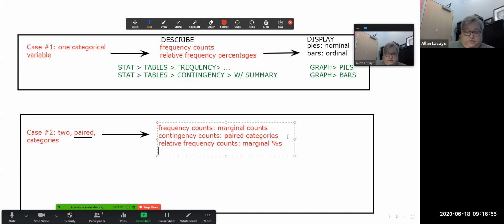And last but not least, from the contingency counts, we have what are called conditional percentages.